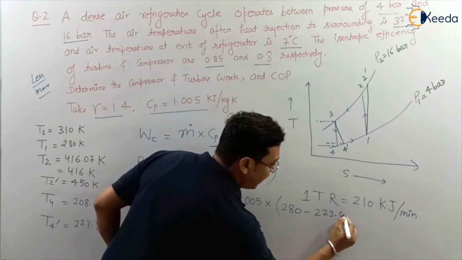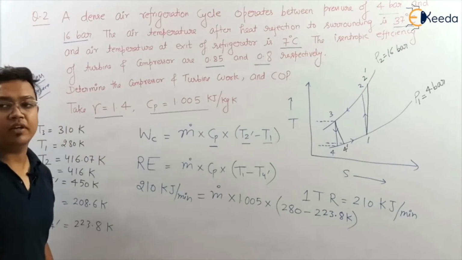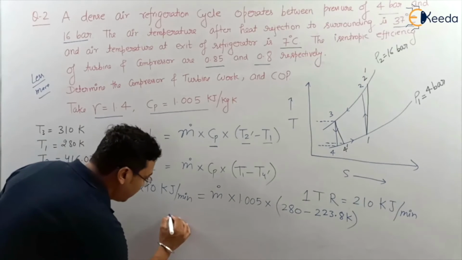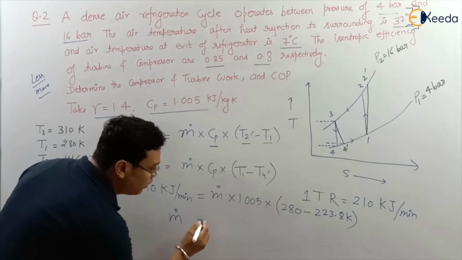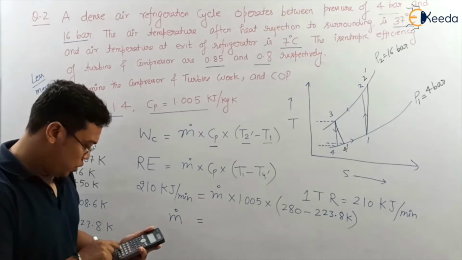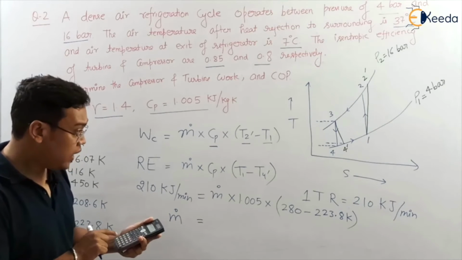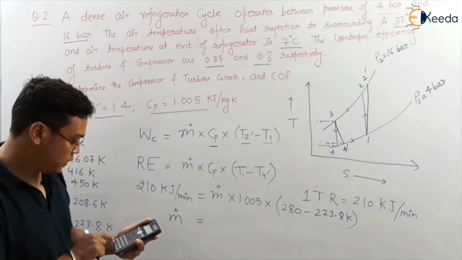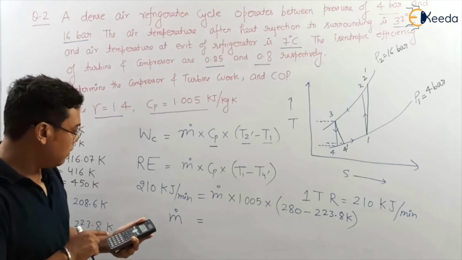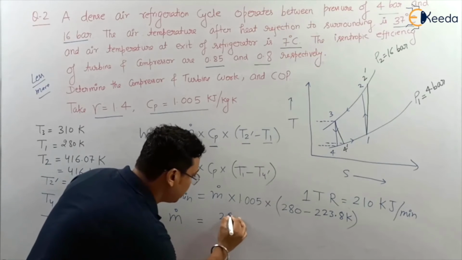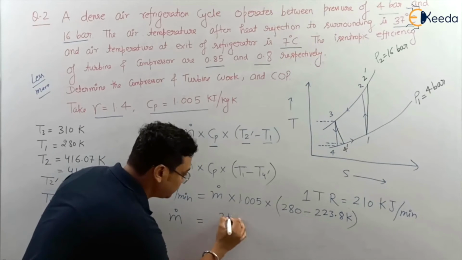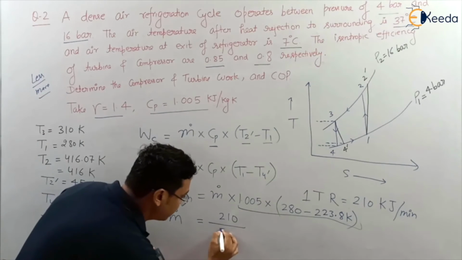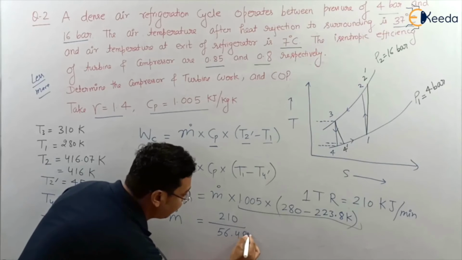T4 dash is 223.8 Kelvin. So from this you can calculate mass flow rate easily, using the calculator. 280 minus 223.8, multiplied by 1.005, gives 56.481 in the calculator.